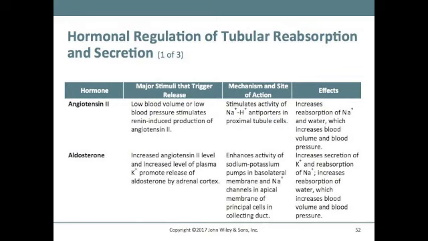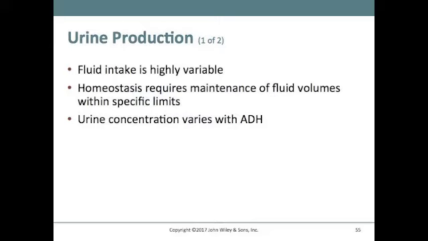And this slide is part of the same table. And this slide is also part of the same table. Remember, this is on page 1067 in your textbook. So urine production begins on page 1067.